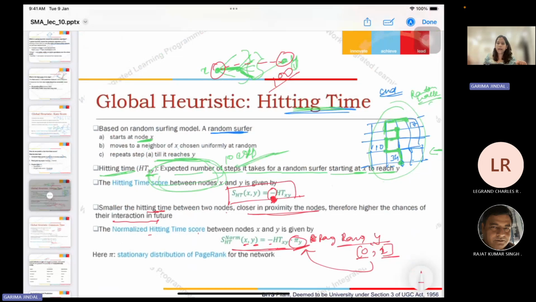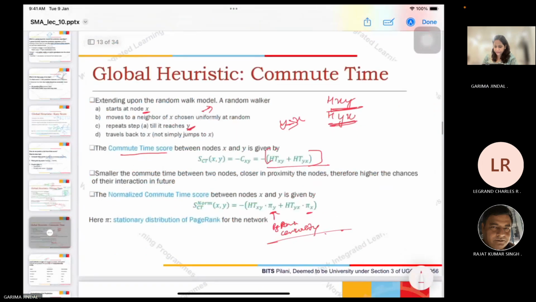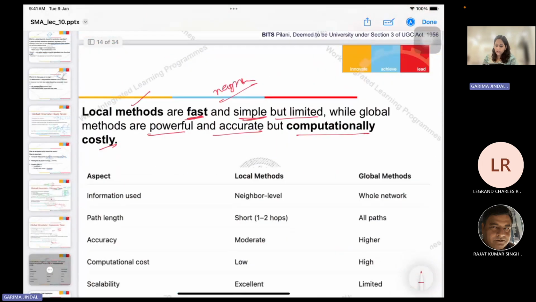It considers the paths, and path calculation is always a more computationally expensive operation as compared to calculating the degree of your neighbors or some other heuristics of the neighbors. Okay, so local methods will be fast. So whenever you need to apply these methods to very large networks, then maybe you can use local methods. But when your network size is moderate to small, you can use the global method.